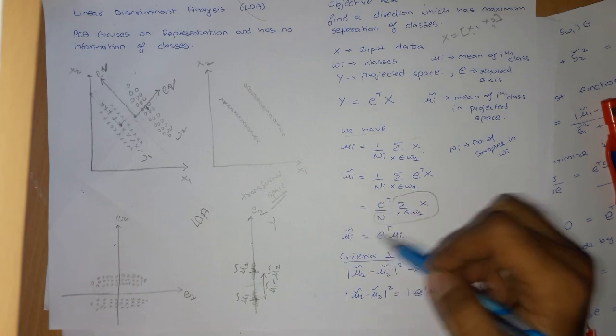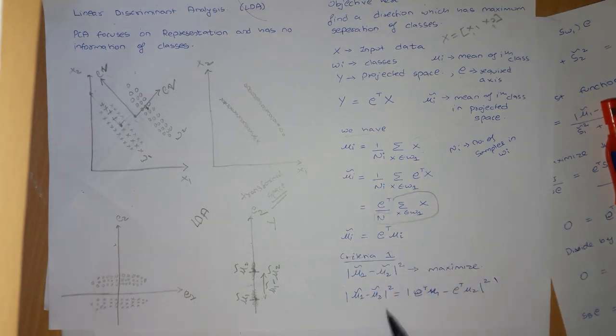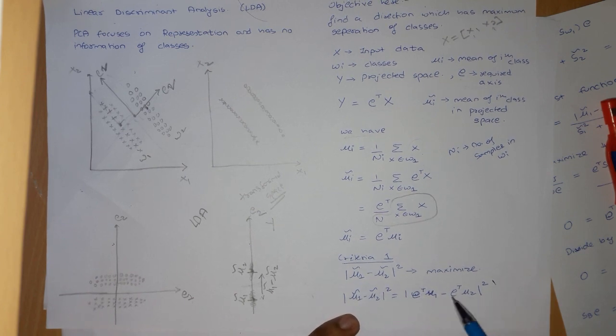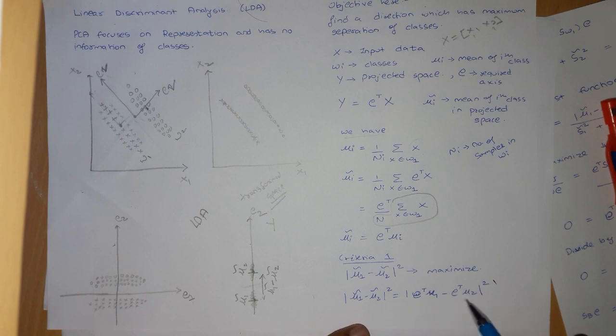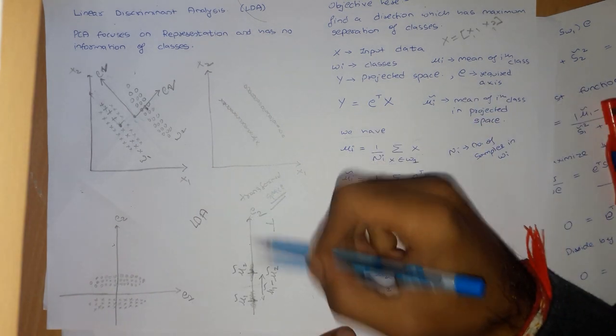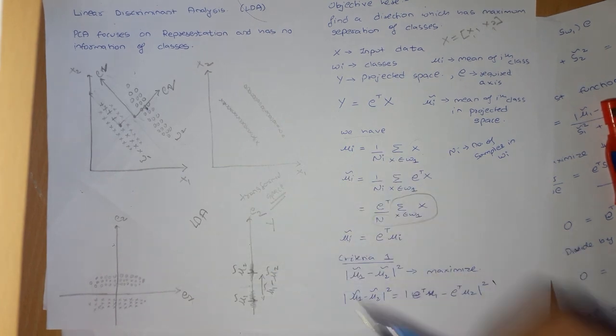So now this is mu1 tilde, mu2 tilde. From this equation we can see that mu1 tilde will be nothing but E transpose mu1, and mu2 tilde will be E transpose mu2. What is E? Please remember, E is the required axis where the separation of the means will be maximum.